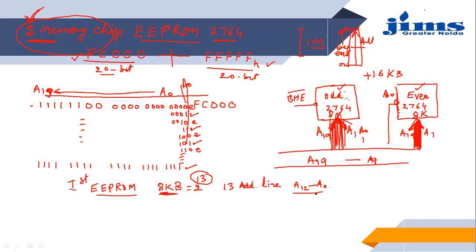So what you will be requiring are the lines A0 to A12 for the chip 2764.